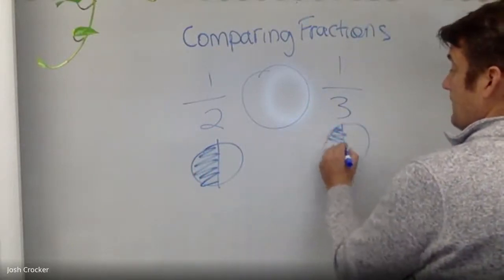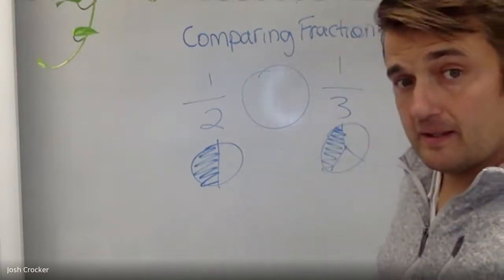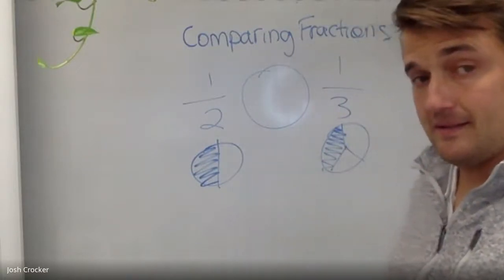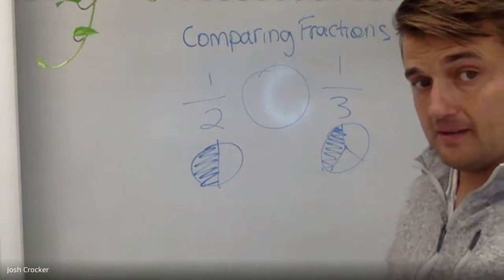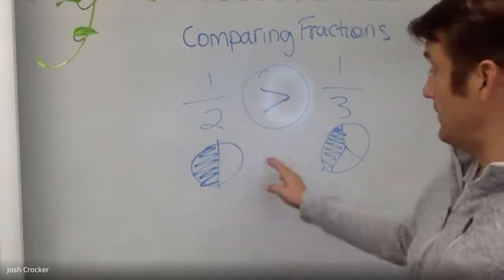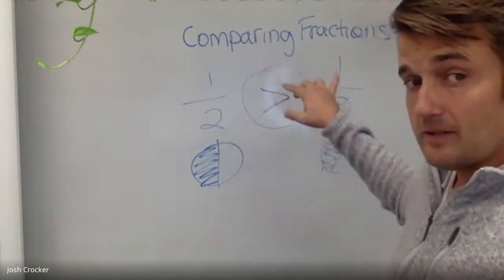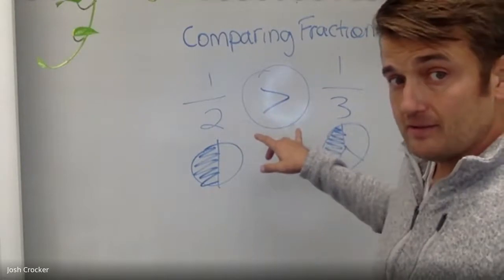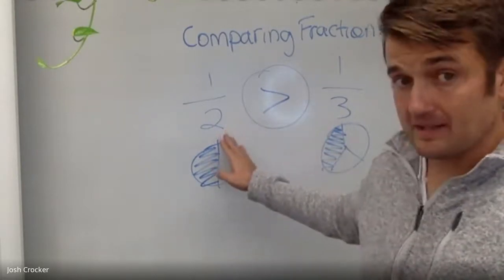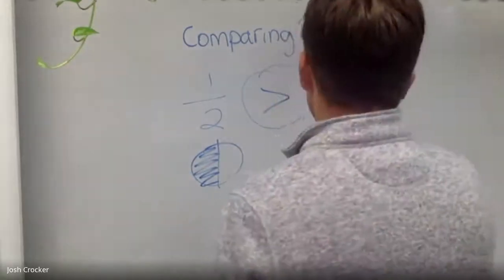And a half is a bigger piece than a third. Okay, so the half is greater than a third. So when you're looking at same numerator, different denominators, you want to pick the bigger piece, which is the smaller number.